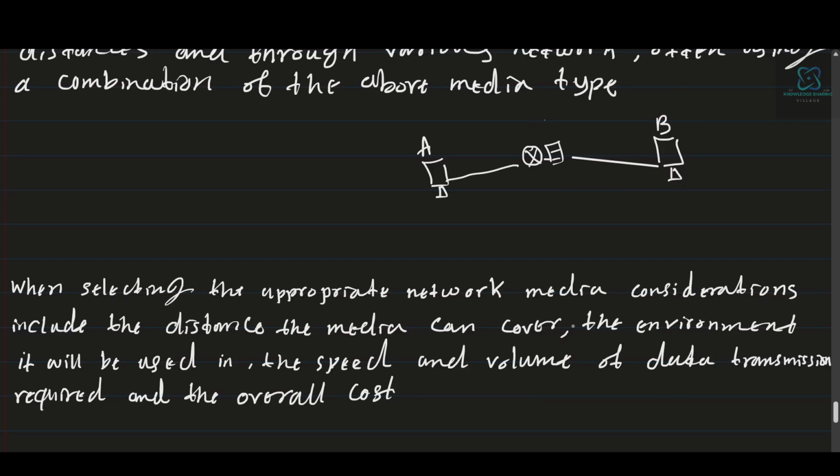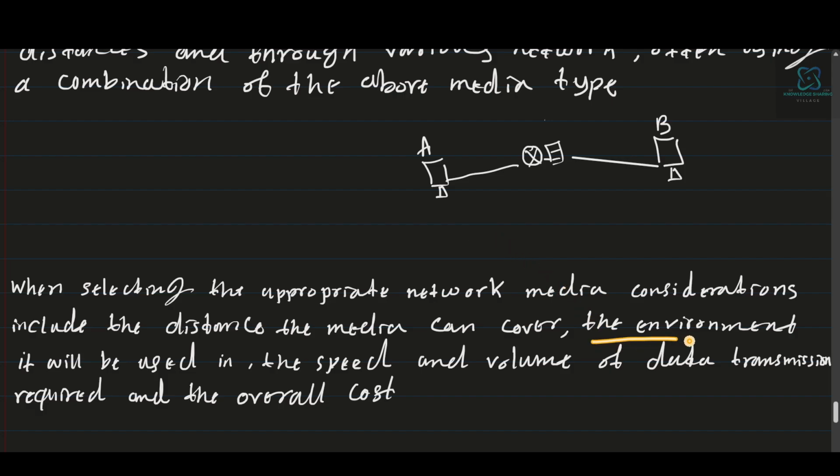So to sum up this episode, in other words the network media: when selecting the appropriate network media, considerations include the distance the media can cover, in other words the distance between these two devices, because it is not appropriate to set up a highway in the middle of a small village, right?